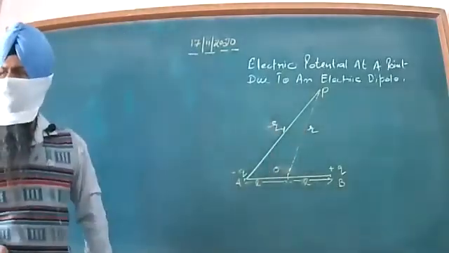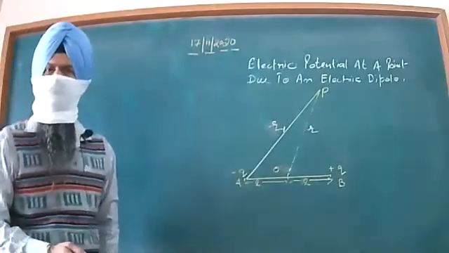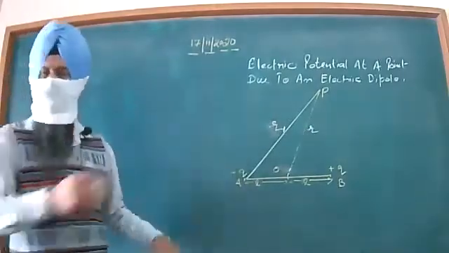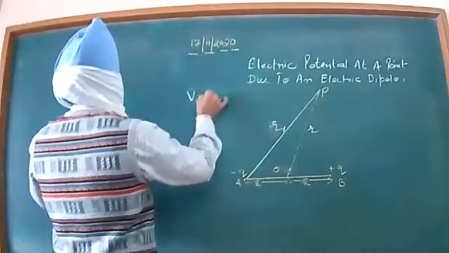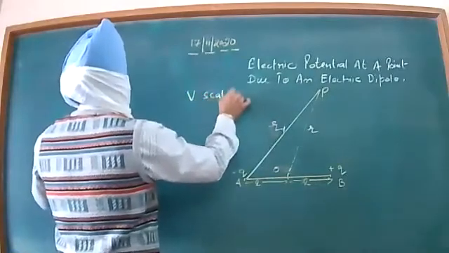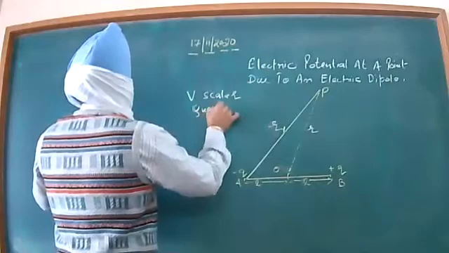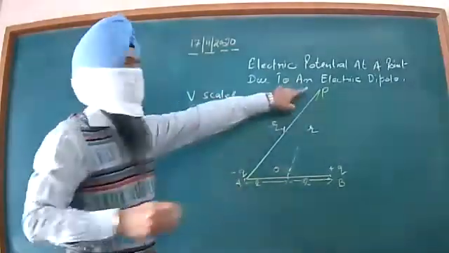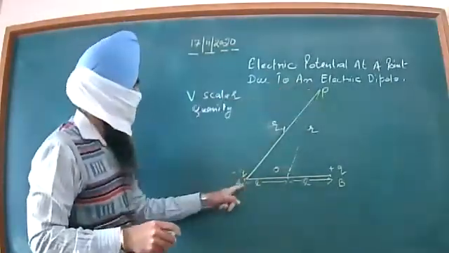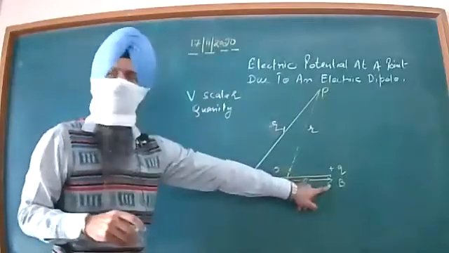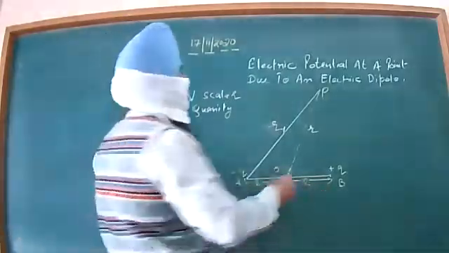Electric potential, as we have discussed in our previous discussions, is a scalar quantity. Electric potential at point P is a scalar quantity, and the potentials due to this charge and this charge will automatically get added up.